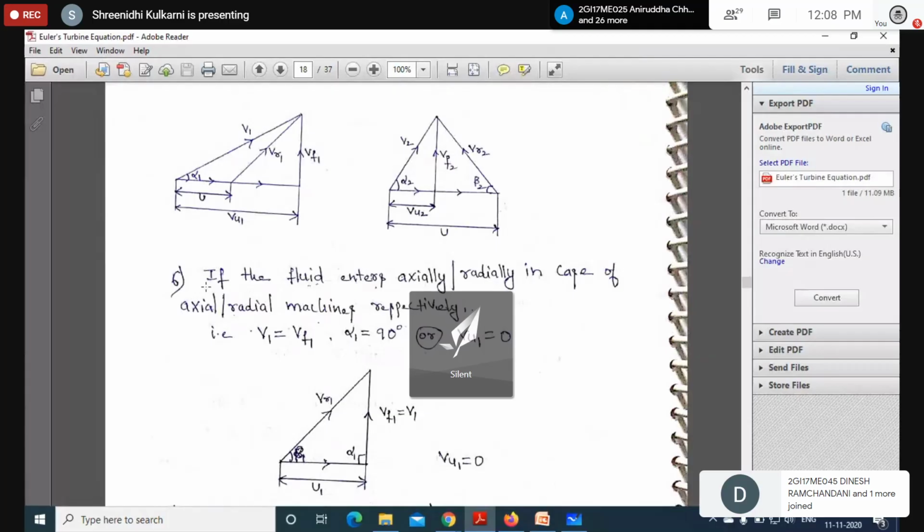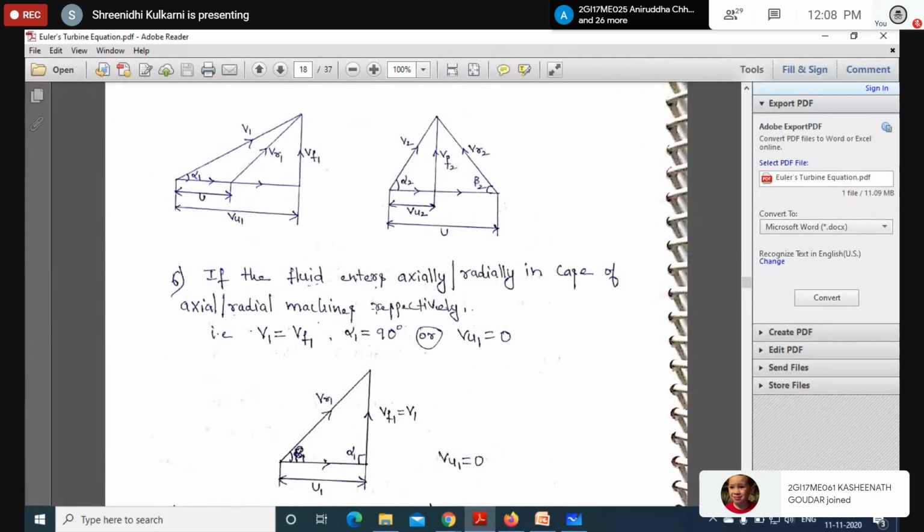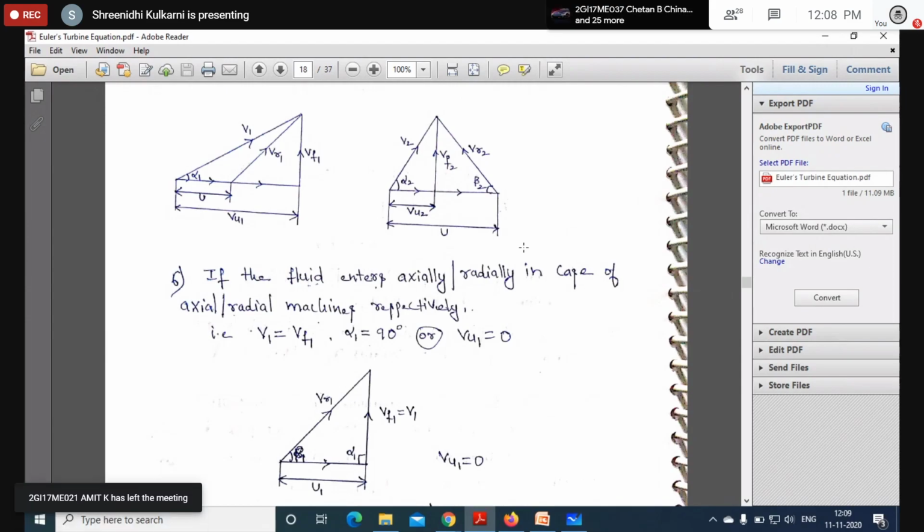Okay. Next, similarly, we'll go for if the fluid enters axially or radially in case of axial or radial machines. Okay, please understand here, because while solving the problem, these conditions are very important, and the notations are also very important. So here, what is the condition?